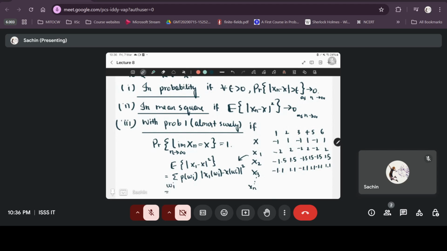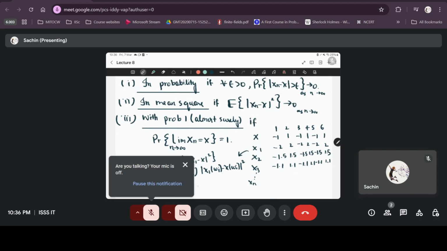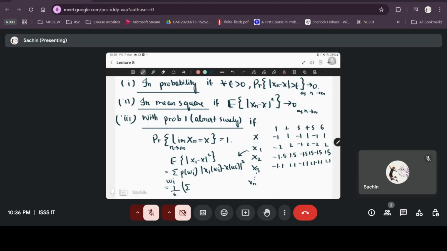Since I'm assuming all outcomes are equally likely, p of wi is 1 over 6 for all outcomes, so it would be 1 over 6 summation of (x1 of omega i minus x of omega i) whole square.